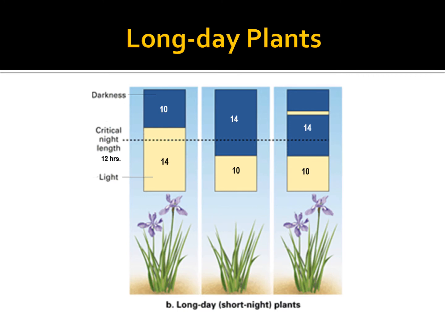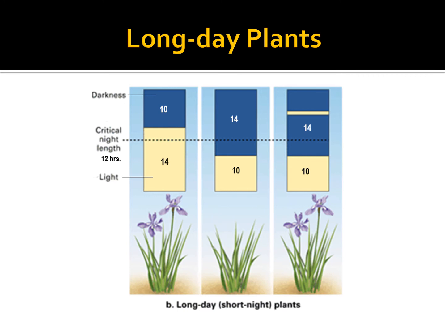So in order for these species to flower, they have to have a short, uninterrupted period of darkness. Well, how short a period of darkness do they require? As it turns out, photoperiodic species have what's called a critical night length, and the critical night length can vary from species to species.